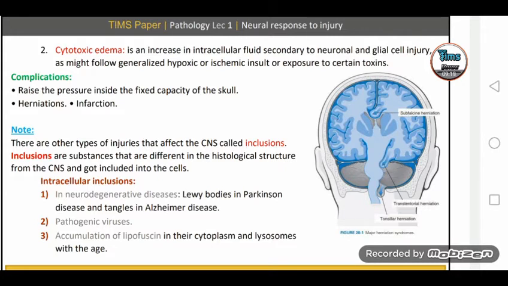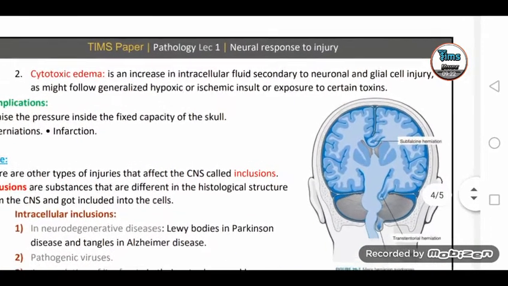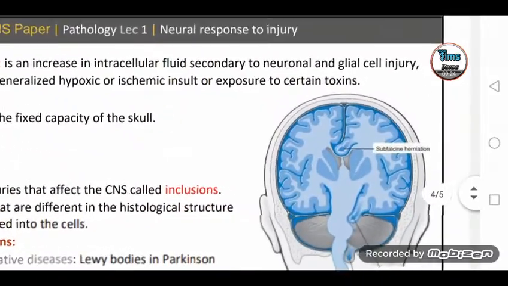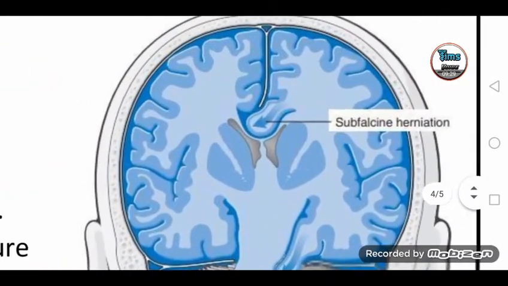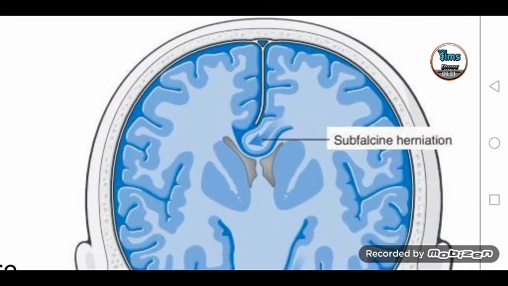Number 2, herniation. Herniation is a protrusion, as we can see here. If you can see this arrow, this part of the brain was not supposed to protrude like that. It was supposed to be preserved and fixed in its place.